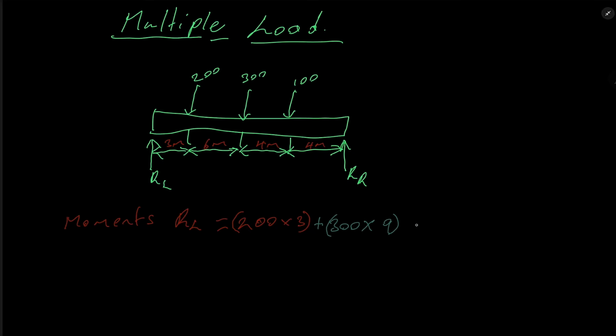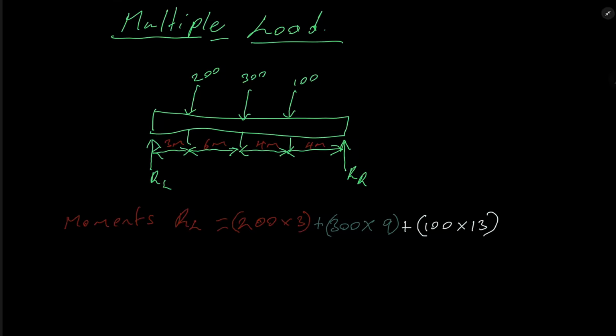Plus this 100 here, multiplied by how far it is away from RL. So we're adding 4 plus 6, which is 10, plus 3, that's 13.